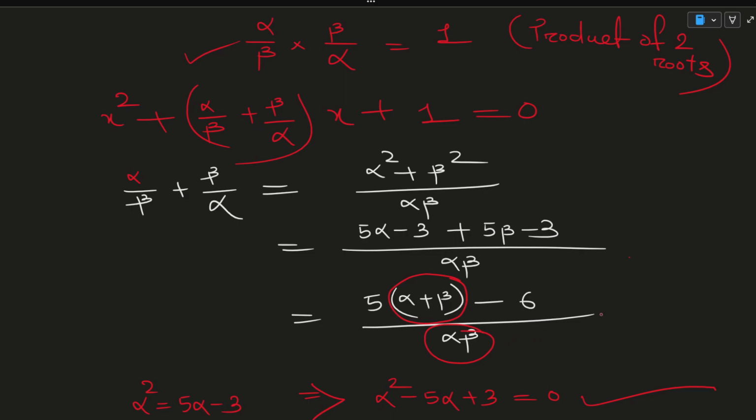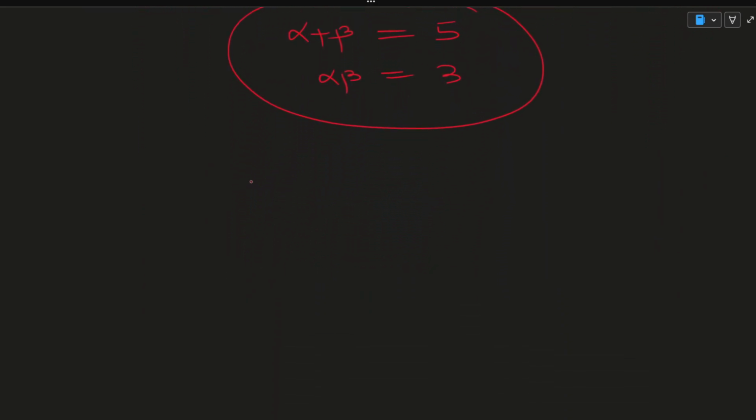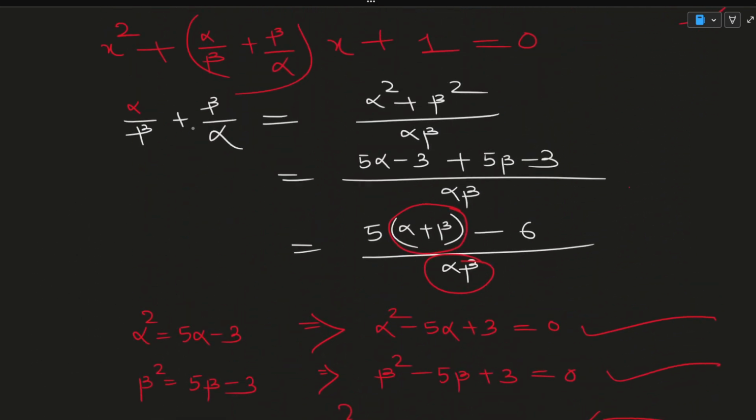So alpha by beta plus beta by alpha is 5 times alpha plus beta, and alpha plus beta we have evaluated as 5, minus 6 divided by alpha into beta, which is 3. So it will be 19 by 3.